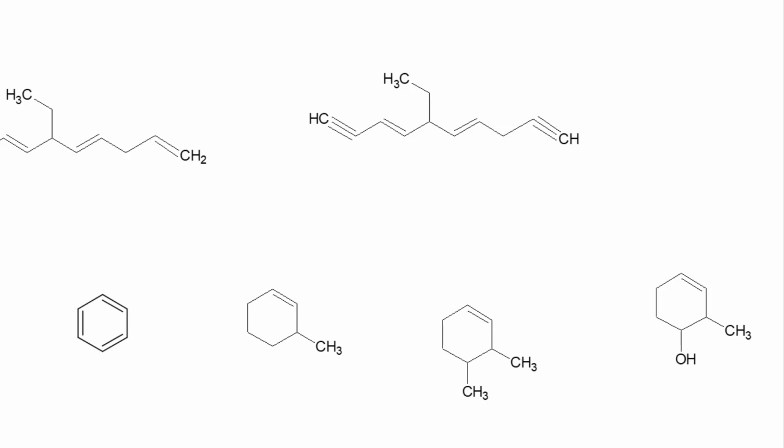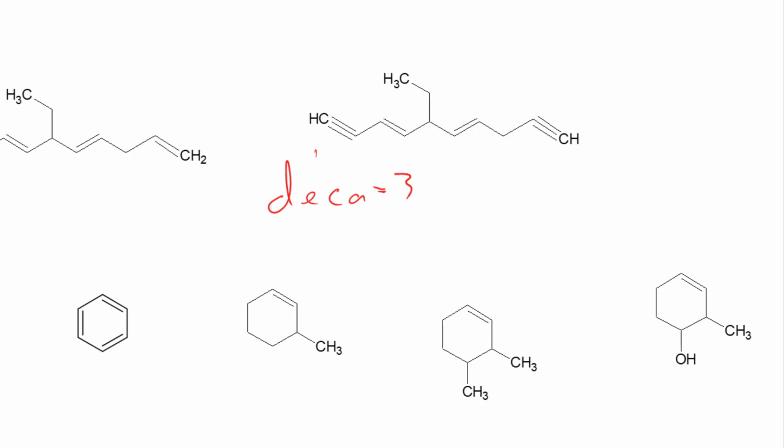So then I know this is the 1 carbon, and so on the 1 position I have an alkyne, on the 3 position I have an alkene, on the 6 position I have an alkene, and on the 9 position I have an alkyne. So if we're to write this out without the ethyl group, I have a deca, and the ene comes first alphabetically.